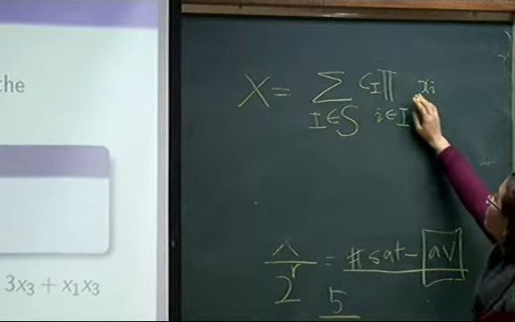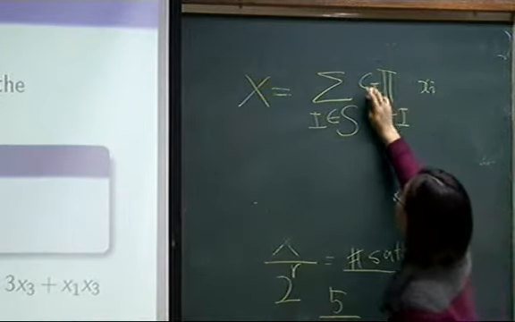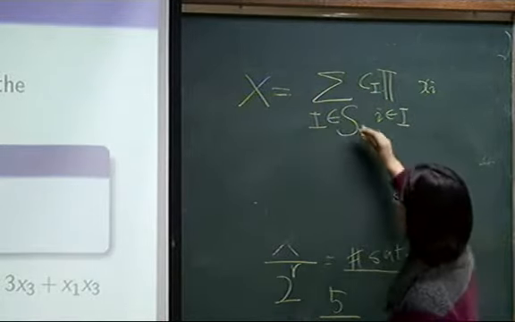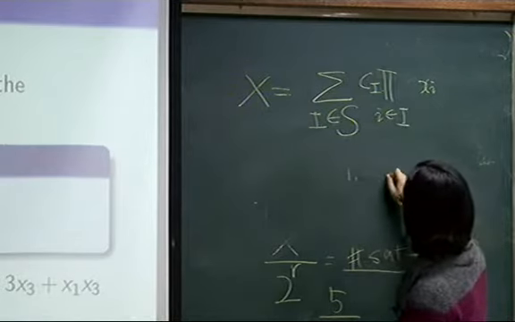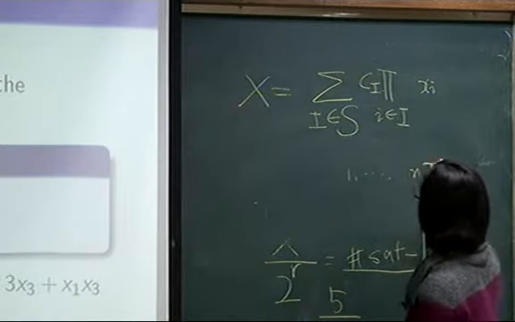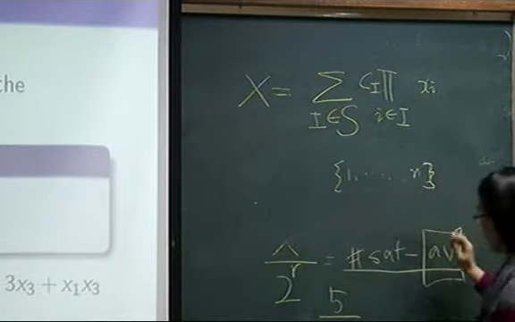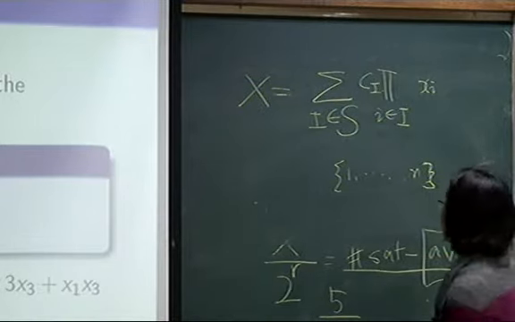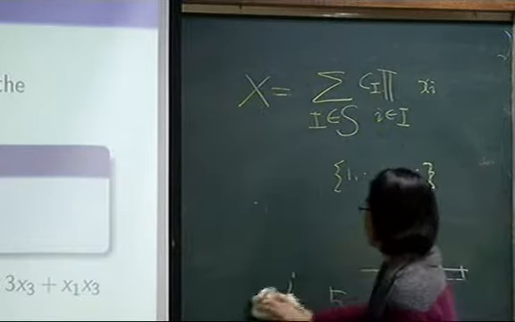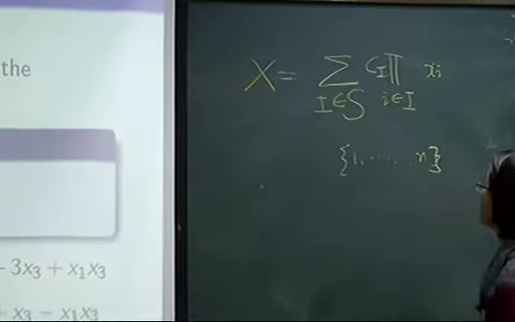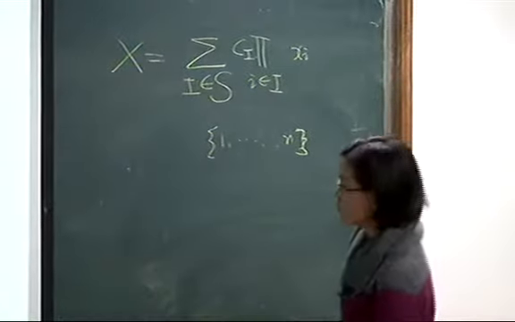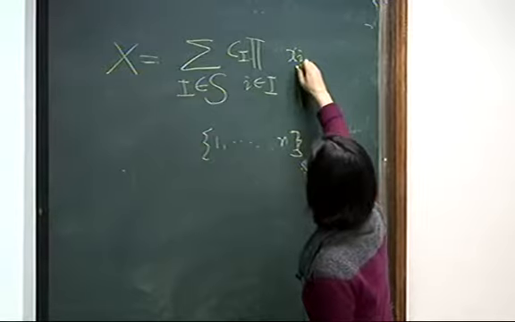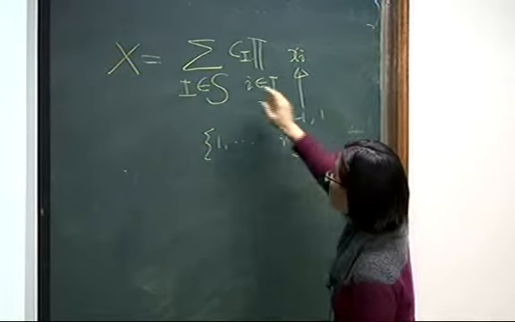It's basically a monomial in x multiplied by some constant c_I for some subset I of 1 to n. So what we want to do is, by setting xi equal to minus 1 or 1, maximize this value.